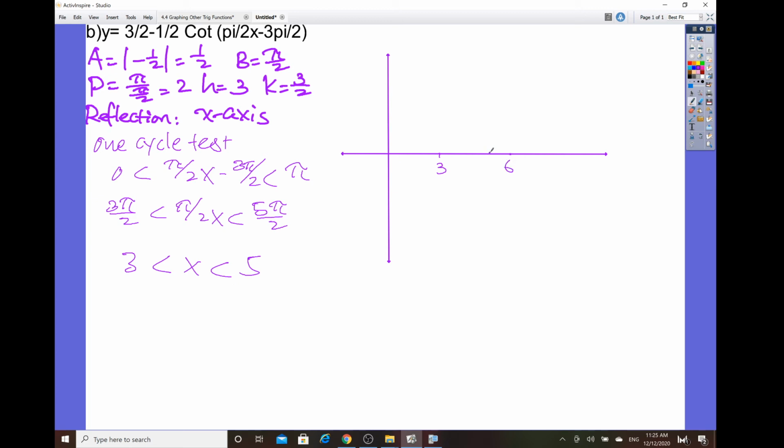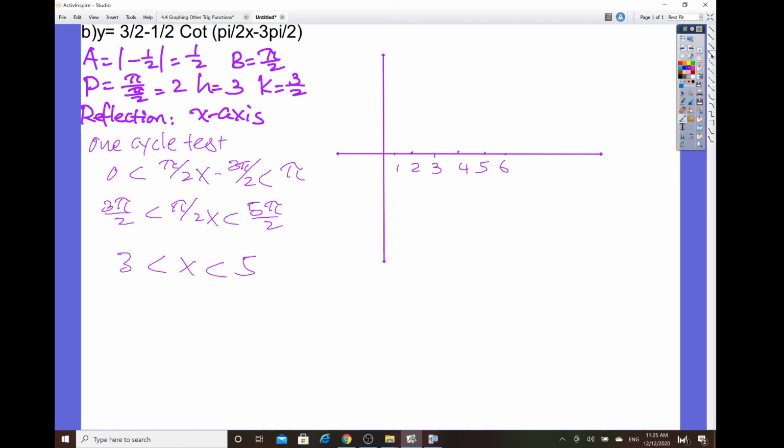So 5 should be the one right here. Okay, so 3 and 5, so VA, dotted, at 3 and 5, so the vertical asymptote.